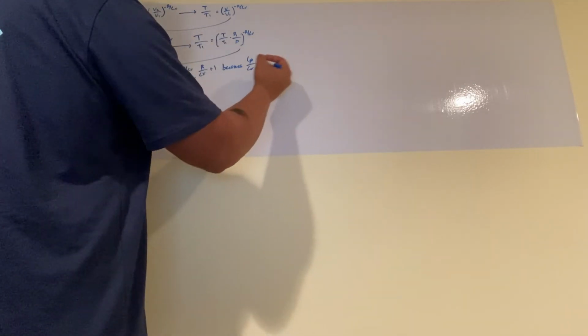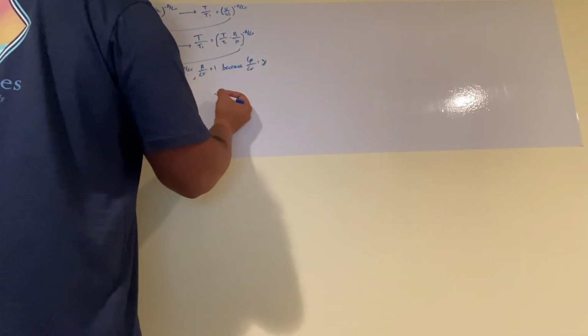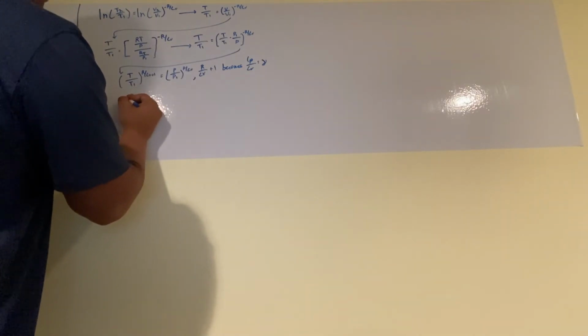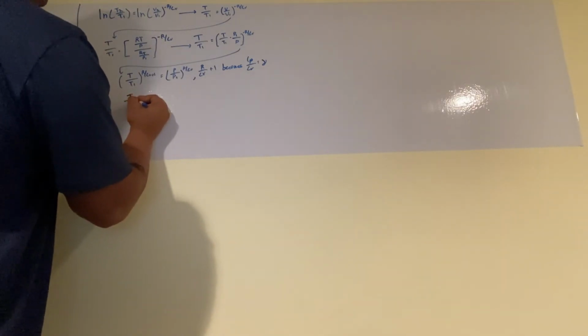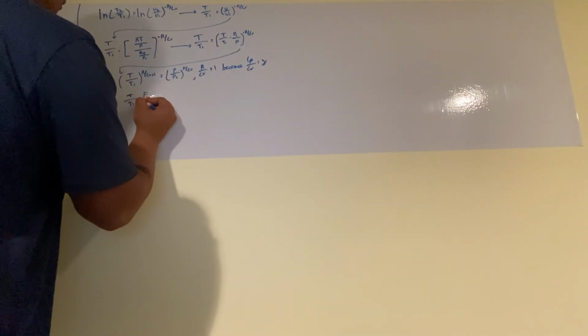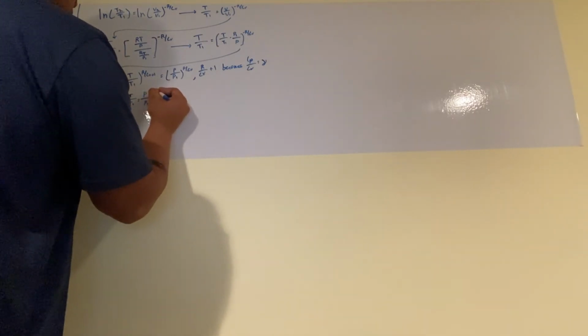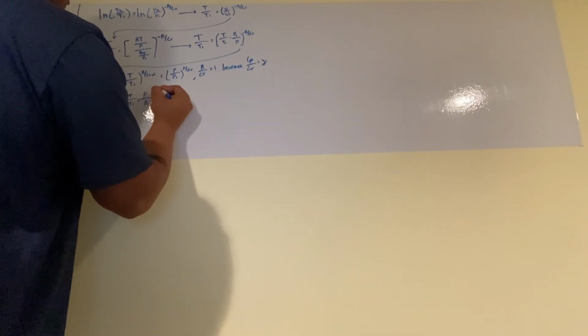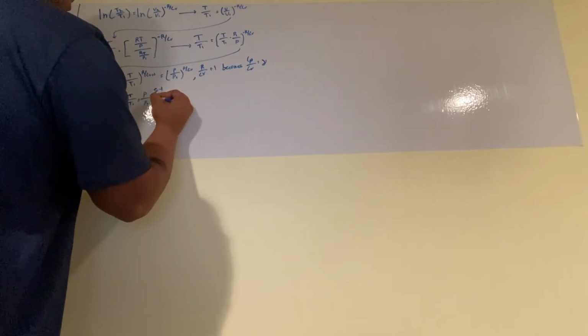We can rewrite the equation in terms of gamma, and we get T over T1 is equal to P over P1 raised to the gamma minus 1 over gamma.